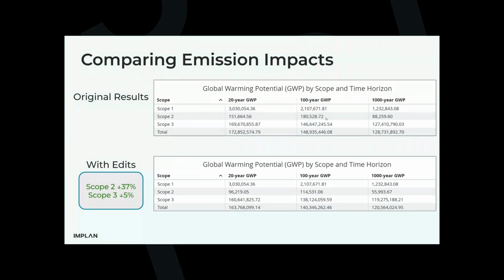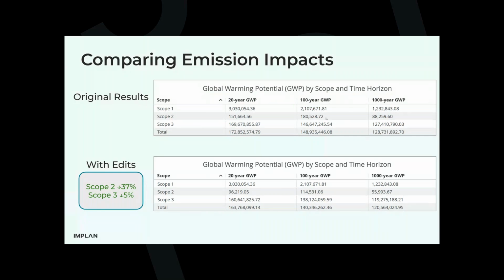So the importance of this depends on your view in terms of climate risk, in terms of what scenario is most important to you. The 100 years is really common because in the next 100 years, the next generation will be here to experience whatever conditions the climate is in.